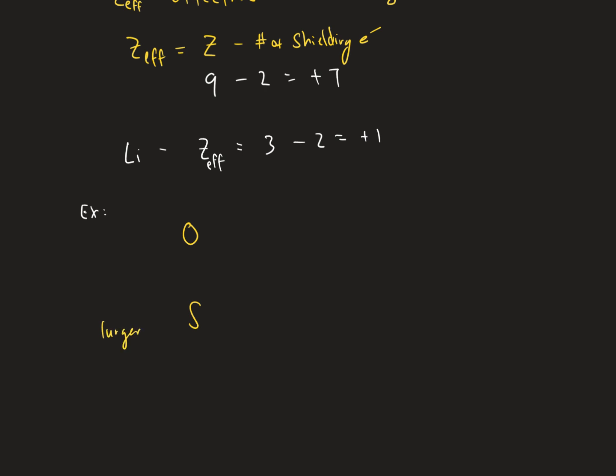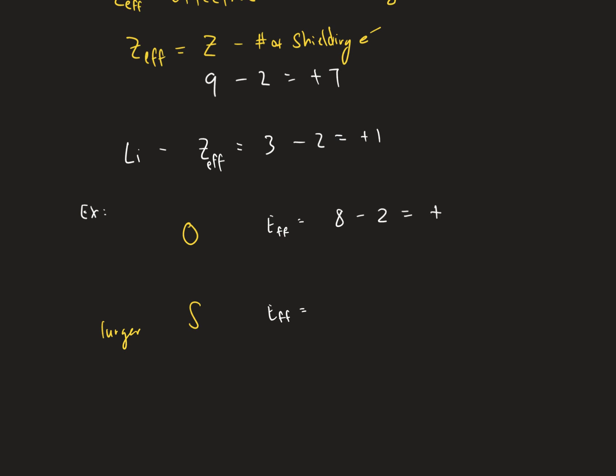What about the effective nuclear charge for these? Oxygen's higher, right? Well, let's find out. It's Z minus the number of shielding electrons. So what's the Z for oxygen? 8 minus how many are shielding the nucleus? 2.